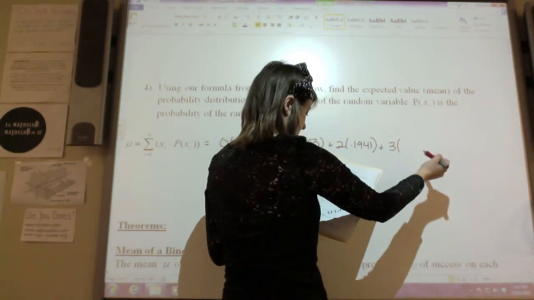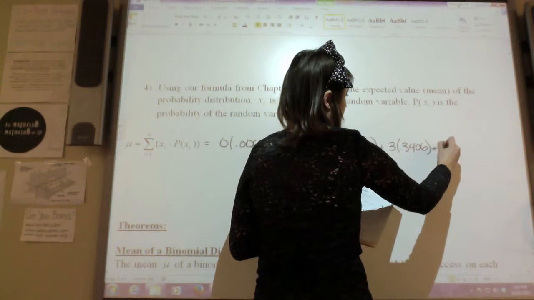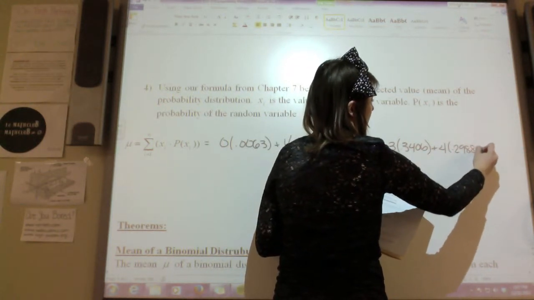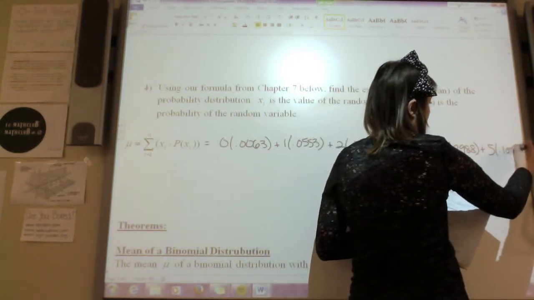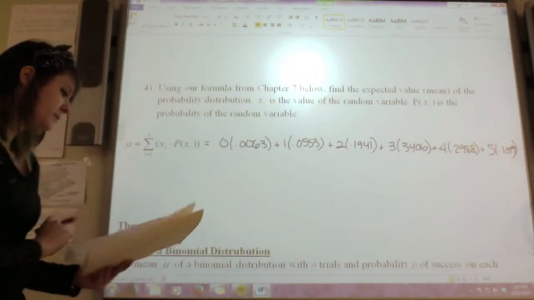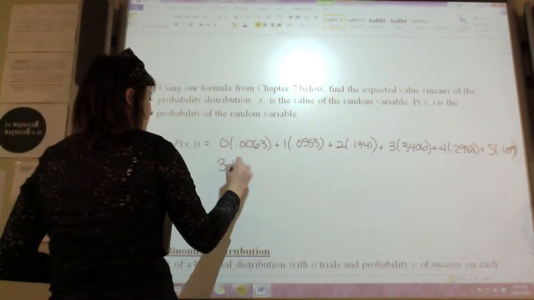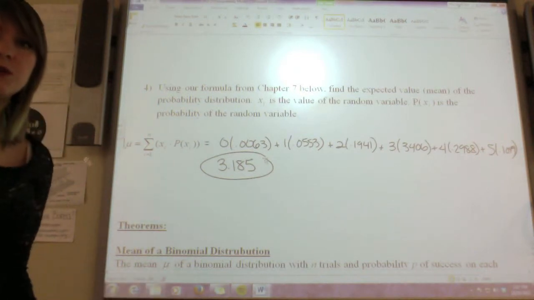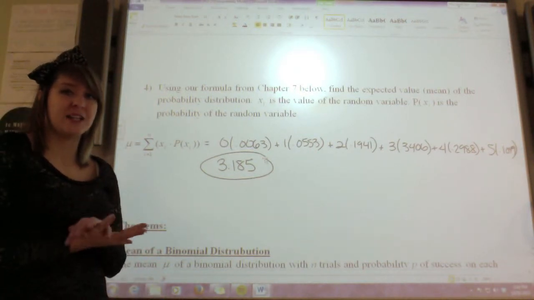And then 3 times 0.3406, 4 times 0.2988, and 5 times 0.1049. So if I add all those together, I get 3.185. So that's my expected value, which means that it's expected that I make approximately 3.185 shots.